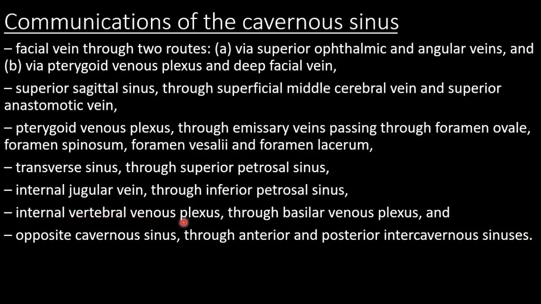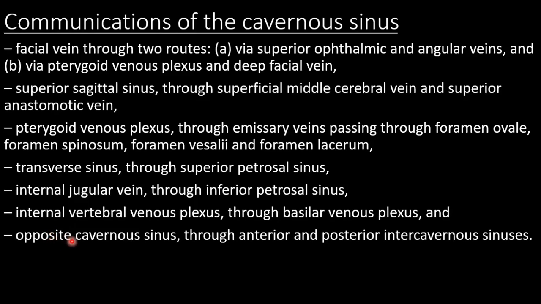You will see that a part of the breast is usually drained by the posterior intercostal veins, which can communicate with the external vertebral venous plexus, and there are some veins which allow communication between the external vertebral venous plexus and the internal vertebral venous plexus, and that's how the cancer can metastasize all the way from the breast to the brain. Okay.